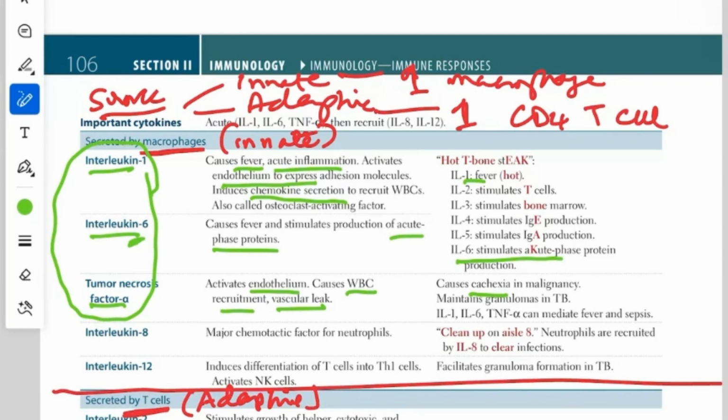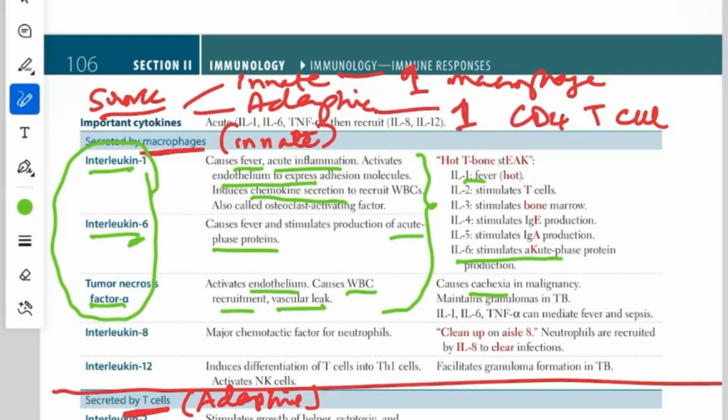Now looking at TNF alpha specifically, all of this is normal because it's supposed to happen. If not, the white blood cells will never go to where the infection is. The body will never respond to an infection, and that pathogen will be damaging the body unchecked.